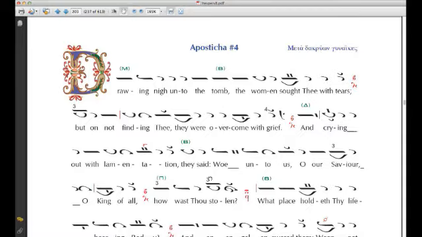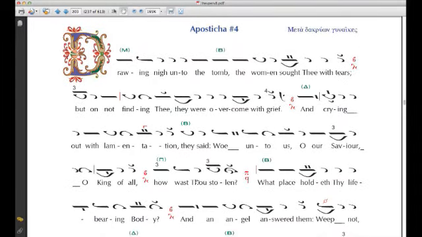Just remember that there's a traction between the intervals. If we're hitting pa very quickly and going right past it, it gets pulled up to vu. So there's no sharp or flat there, because it's all oral tradition that we're going by. So it'd be: Drawing nigh unto the tomb, the women sought thee with tears.